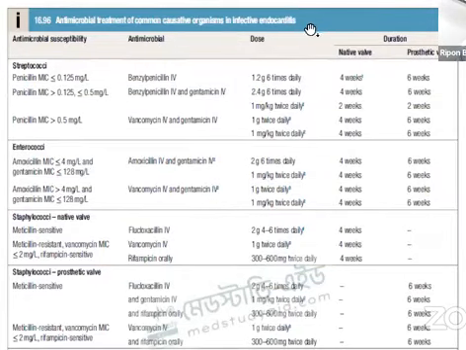This guideline, again from Davidson Medicine, gives the antibiotics for common causative organisms in infective endocarditis. It depends on penicillin susceptibility, where MIC is less than or equal to 0.125, then more than 0.125 and less than 0.5, then MIC more than 0.5. For less than 0.125, benzylpenicillin IV.